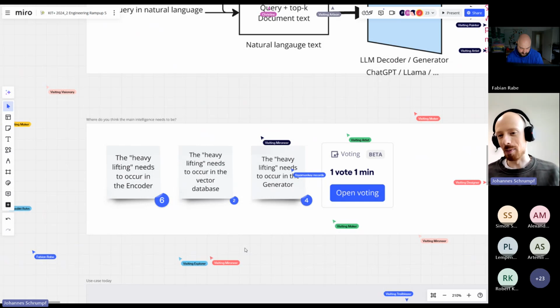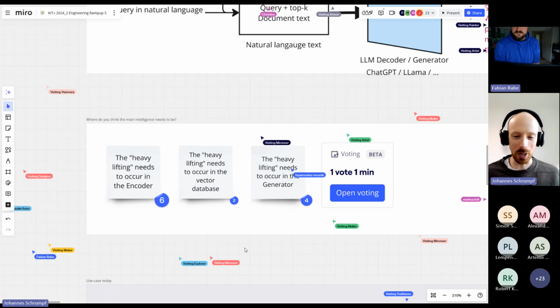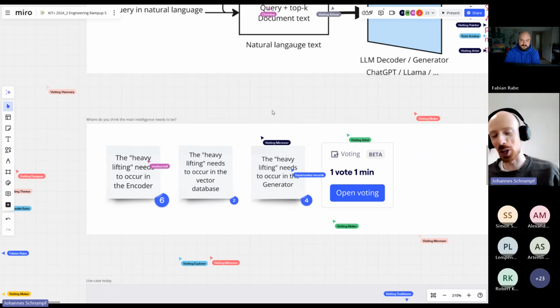So, Fabian has already alluded to this. You can have multiple points where you tweak the performance of your RAG system. When I created this, I thought the correct answer would be that the heavy lifting needs to occur in the encoder, because it needs to meaningfully distinguish between different topics and different queries.